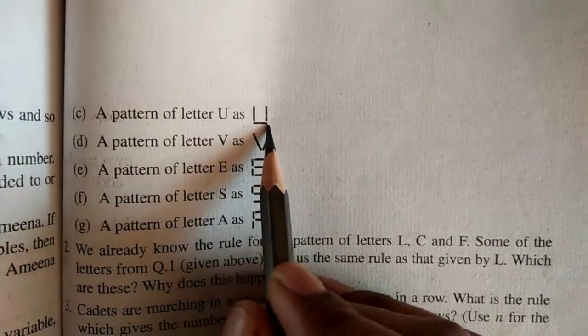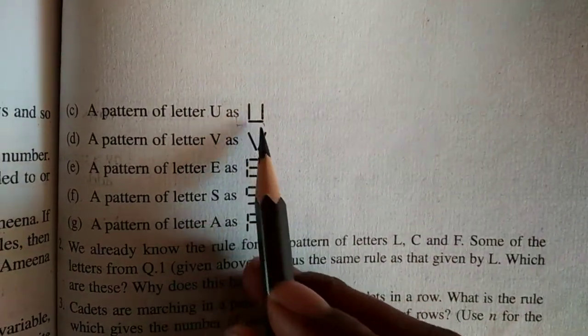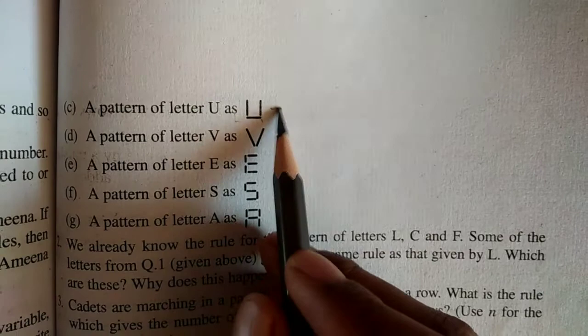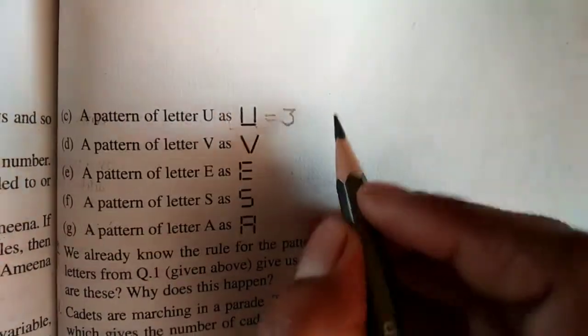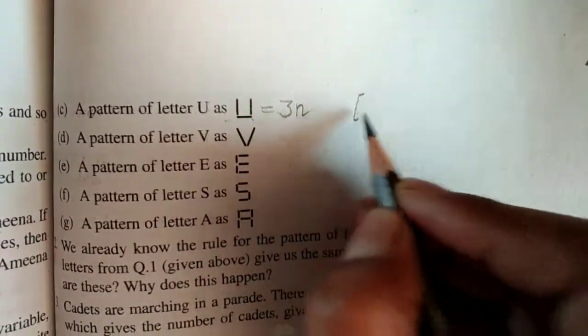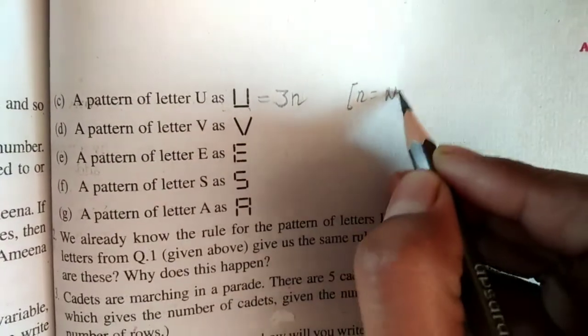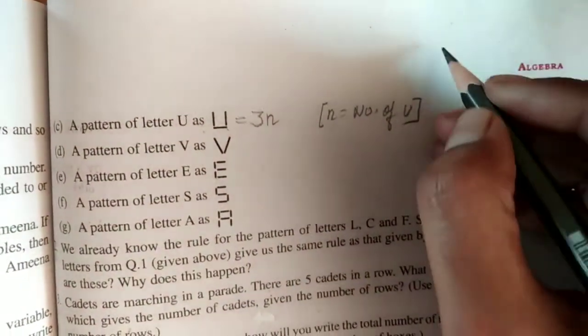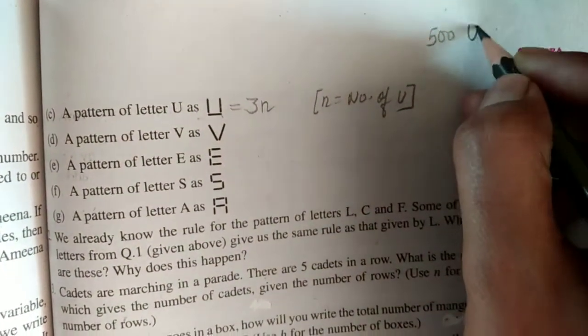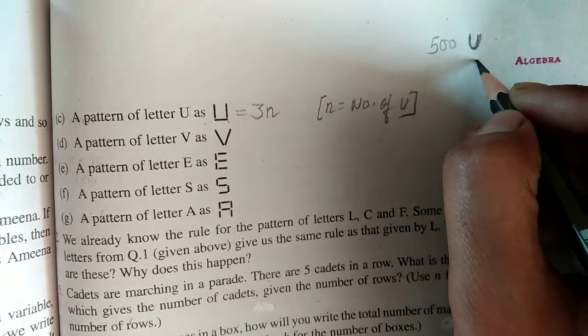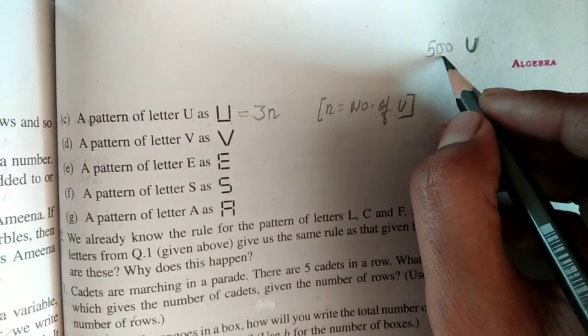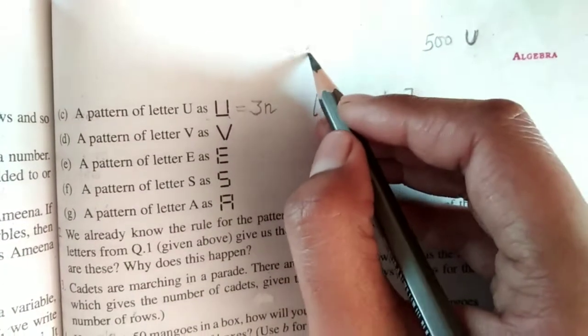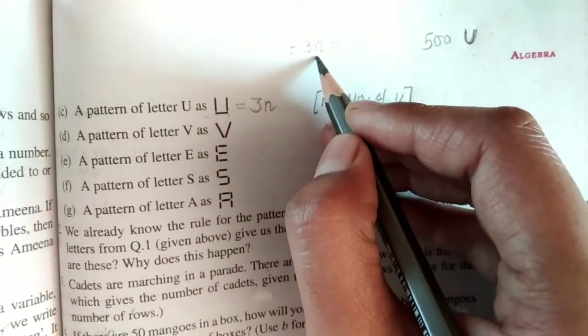A pattern of letter U as U. Here we have 1, 2, 3. 3 matchsticks, it means 3 will multiply by n, where n is the number of U. If we have 500 U, so the number of U is 500. So in the place of n, what will we put?